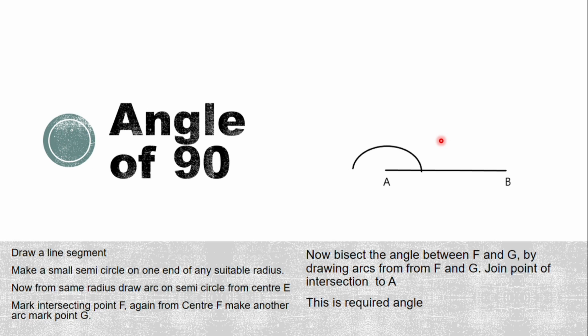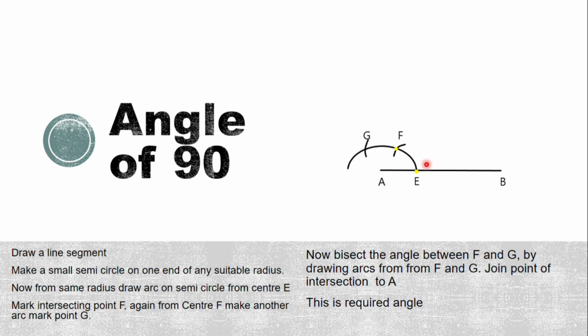To draw an angle of 90 degree, we will first of all draw a line segment, then a semicircle from point A, then with the same radius cut arcs F and then G. Now we know that the angle between E and F is equal to 60 degree, and the angle between F and G is equal to 60 degree.